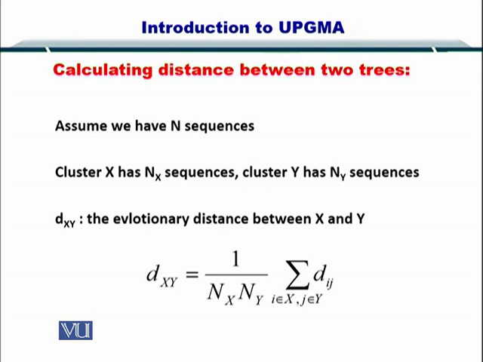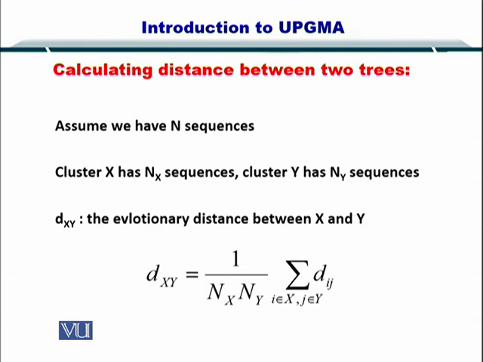Next, in the UPGMA, two things are performed separately. One is the distance between sequences and second is the distance between trees. So let's see how the distance between the trees works.